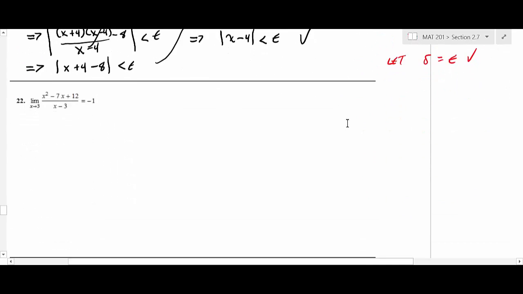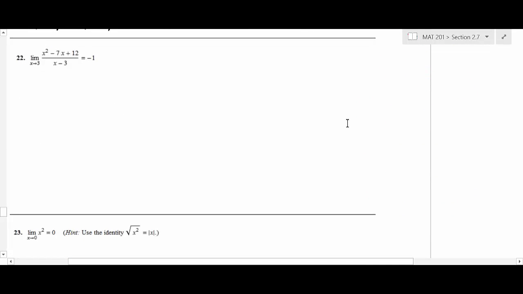Okay? The next one should be fairly similar in the way it's written. And again, let's make the connection over at the side. So the first thing we look at is 0 is less than the difference between x and a, less than delta. So a is 3 in this problem, so we're going to start with 0 is less than the absolute value of x minus 3, which is less than delta.